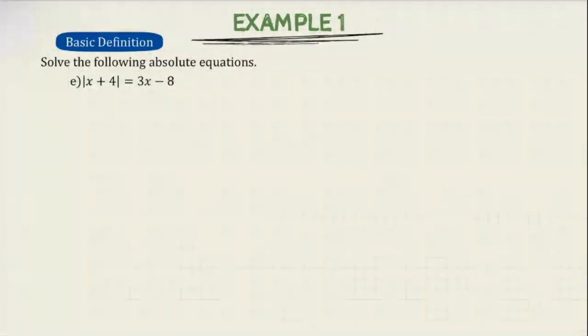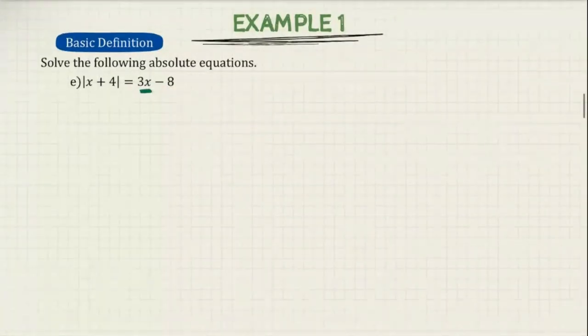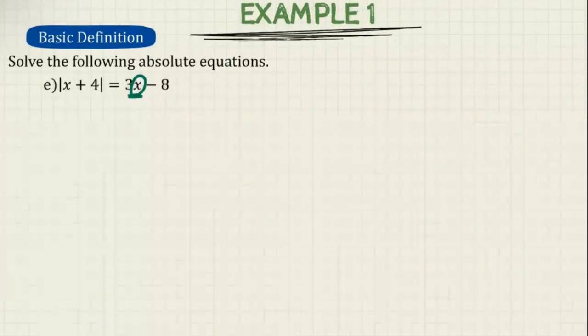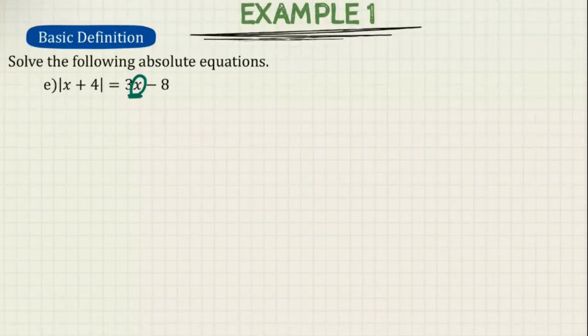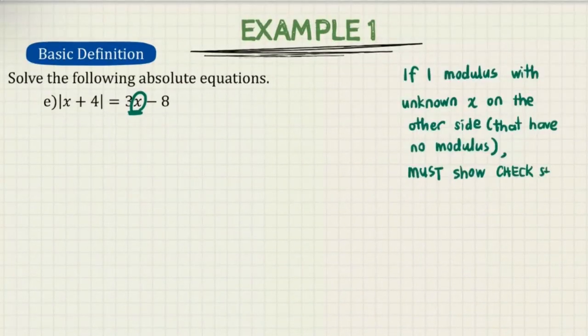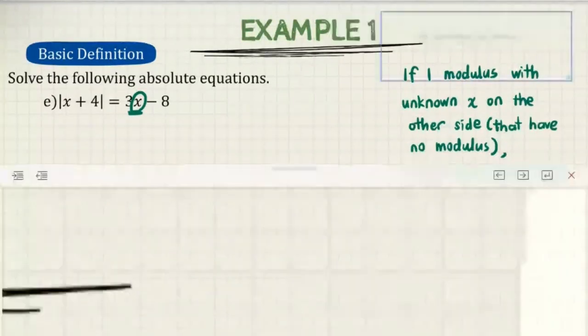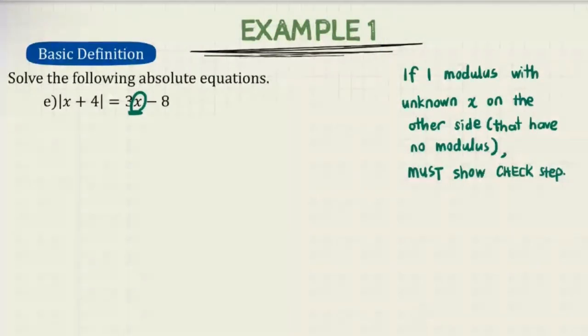Okay, so when you look at the right hand side here, we have an unknown x here. So when the equation involves one modulus and the other side has an unknown x, we need to add one more step, which is recheck. Okay, why do we need to check? Okay, later we will see the reason.